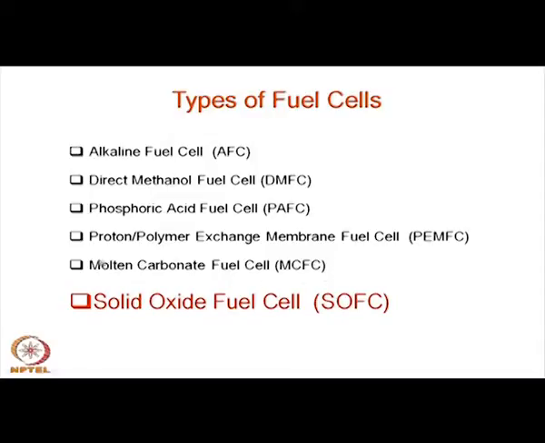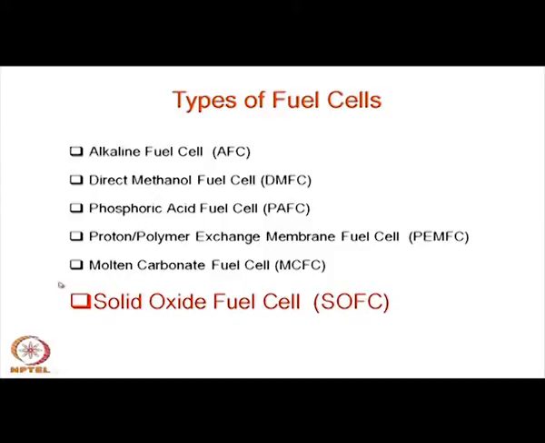This is a moderate temperature fuel cell where molten carbonates are normally used as the electrolyte. The operating temperatures of these are different. This is more or less room temperature, these are again slightly above room temperature. I will give you some temperature range, but they operate at different temperature ranges.